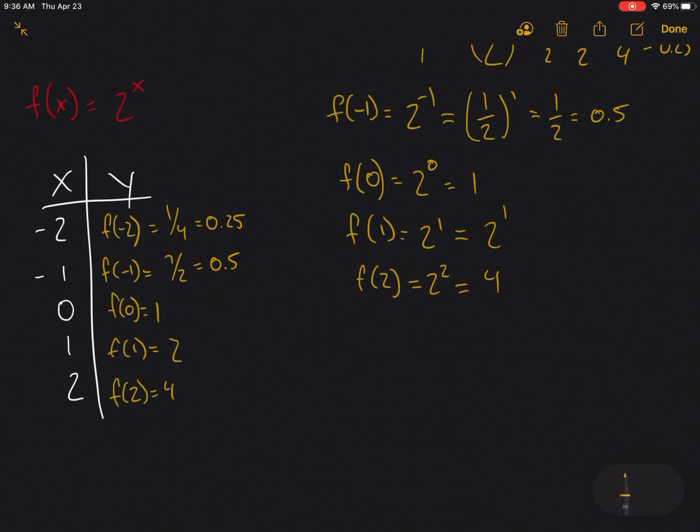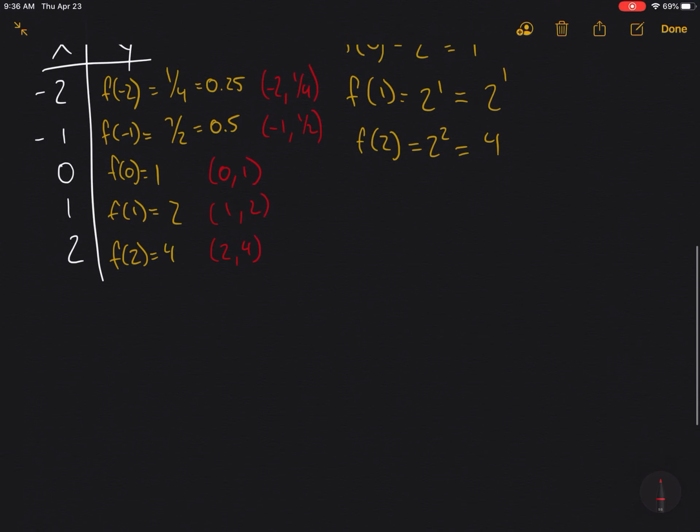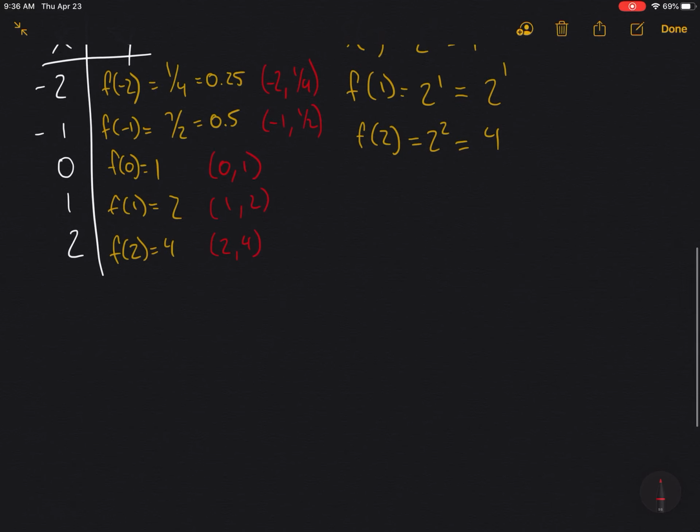now what I have is a set of coordinate pairs. All right, so if you're not seeing them, then it's x and y, x and y, x and y. And now I've got 5 points, so let's try and graph those.